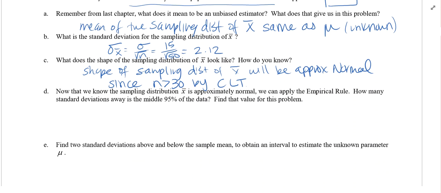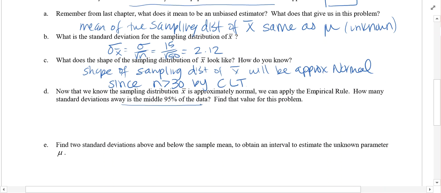Okay, so now we know that the sampling distribution of x bar is approximately normal. We can apply the empirical rule, and do you remember what the empirical rule stated? It's approximately normal, so one standard deviation away would be 68% of our data. Two standard deviations away would be 95%. So we want to know how far away is the middle 95% of our data.